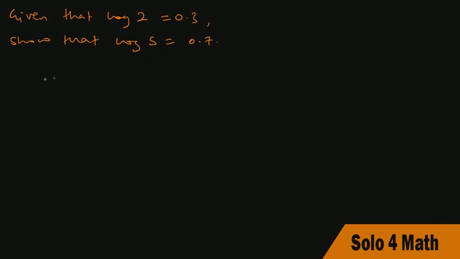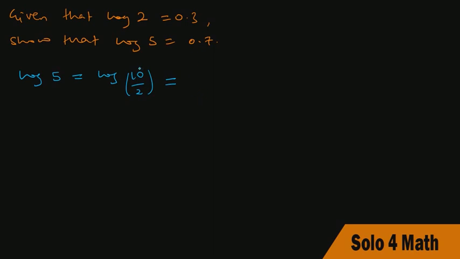Alright, we are going to start from the left hand side. So we have log of 5 equal to log of 10 over 2. We are just trying to find an expression that has log 2, because it's what is given, it's what is known. Then we use it to get this.